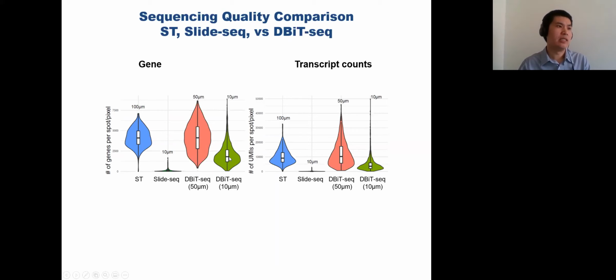I think that's mainly because we are doing an in-cell RT process, so we are not limited by surface probe counts or surface probe densities. So we can do much better capturing of the RNAs inside the cell. Similarly here, this shows the transcript counts.